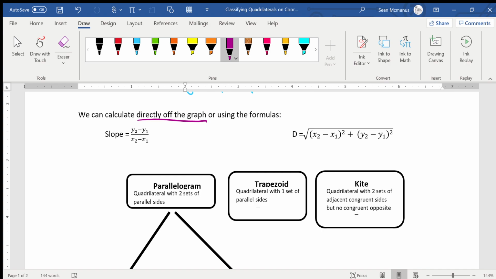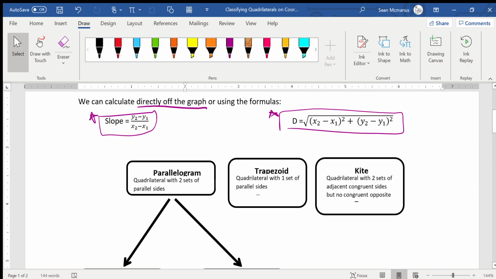Eventually in Math 2, you're going to have to use these formulas and not necessarily work directly off the graph, but we have our slope formula and we have our distance formula. If I give you two coordinates, you can find the distance between them using the distance formula. So you can find the side lengths with coordinates and equations. Same with the slope. You never have to graph the points, you can use the equations. We're not going to focus on that too much right now.